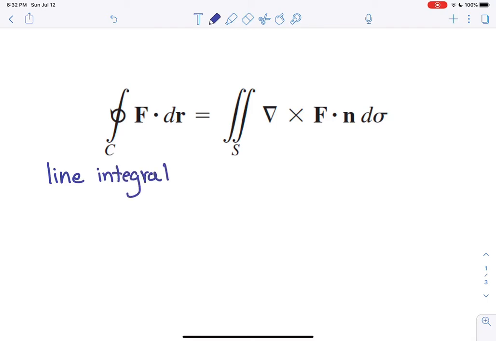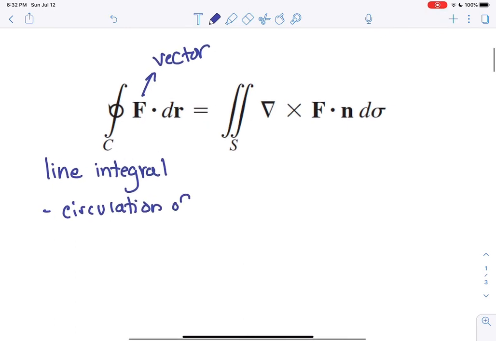of a vector field. So we're doing a line integral through a vector field. And you remember, when we do line integrals through vector fields, in general you're finding the circulation of F on the curve.